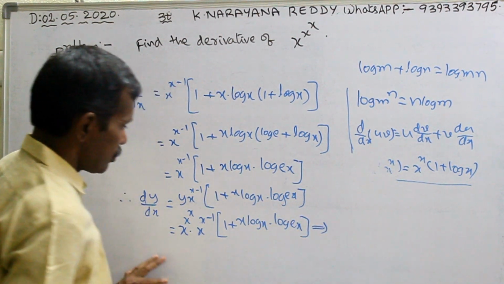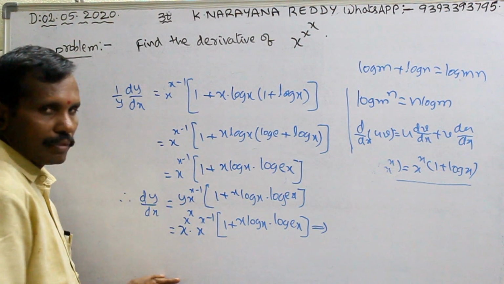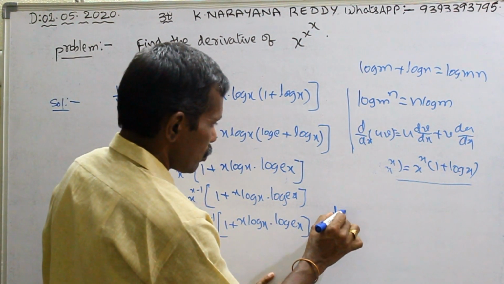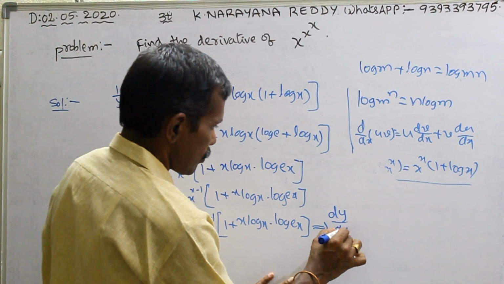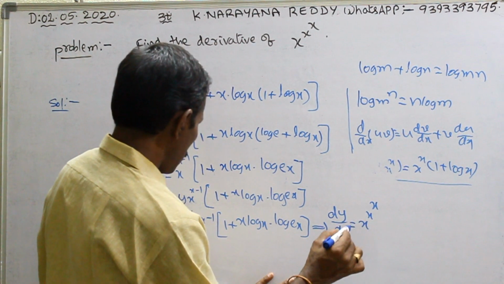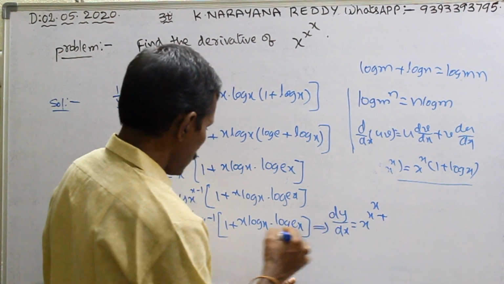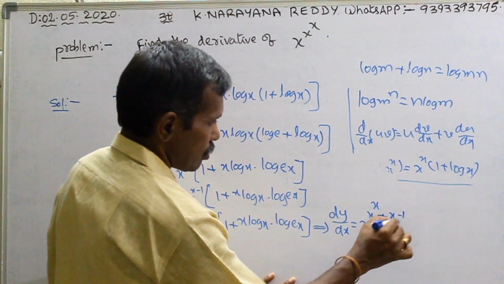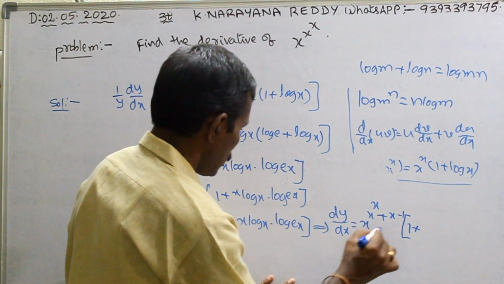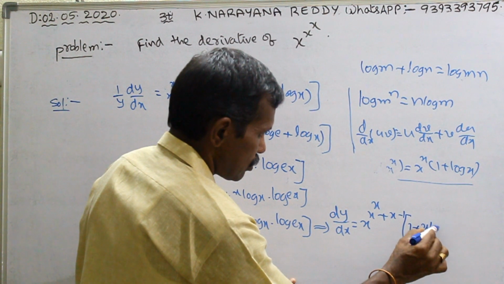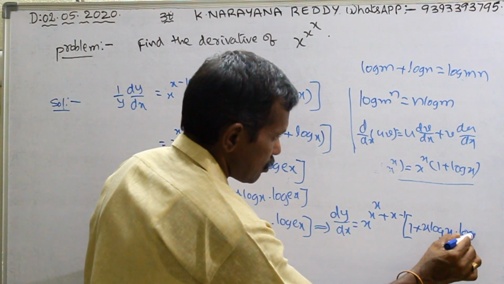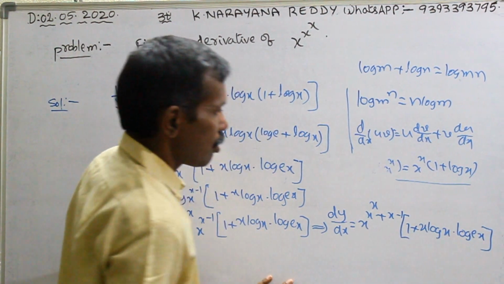That implies bases are equal, exponents must be added. dy by dx equals x to the power of x to the power of x plus x minus 1 into 1 plus x log x into log ex. That's all.